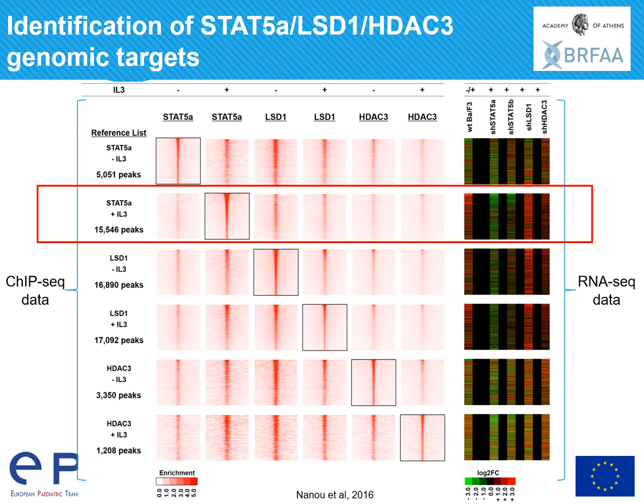We plotted LSD1 sites upon IL-3 stimulation and upon IL-3 starvation, and also HDAC3 sites in IL-3 starved and stimulated cells, and we checked all the colocalizing sites all over the genome. And we also plotted the RNA sequencing data and checked the expression levels of the genes close to these specific genomic sites.